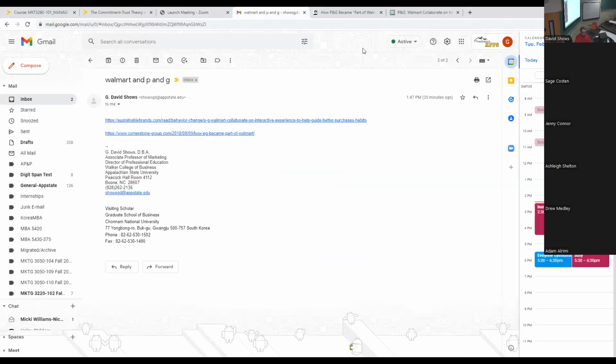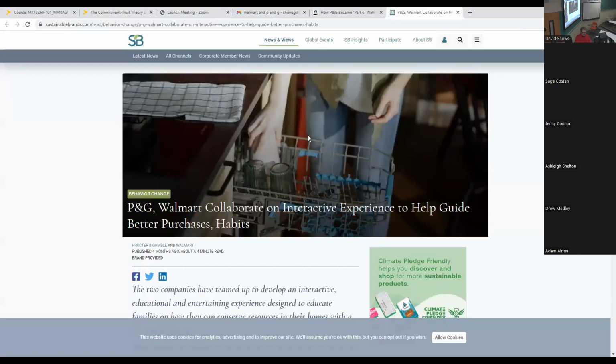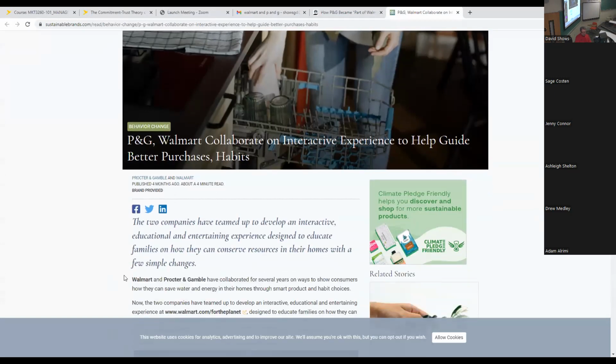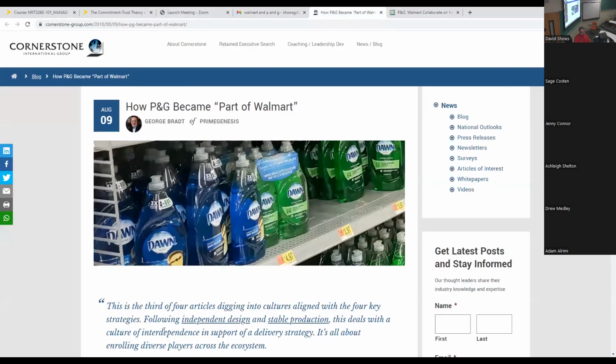Yeah, so I just wanted to show you a little bit here that Walmart and Procter & Gamble still collaborate, coming together with an interactive experience on how to educate your family on how to conserve resources. And as I said, it's kind of a dual thing.